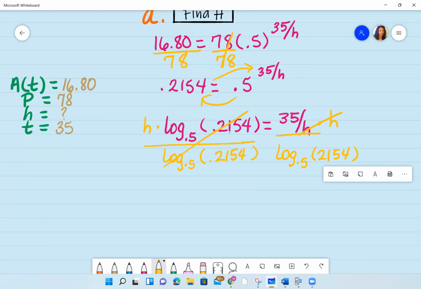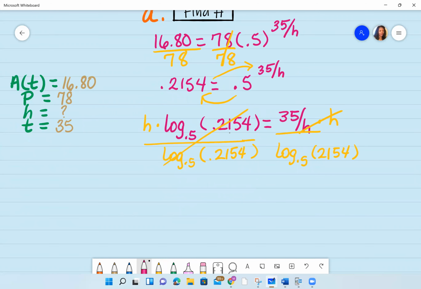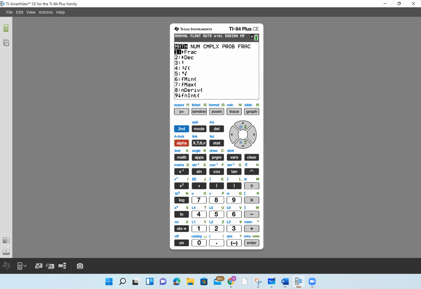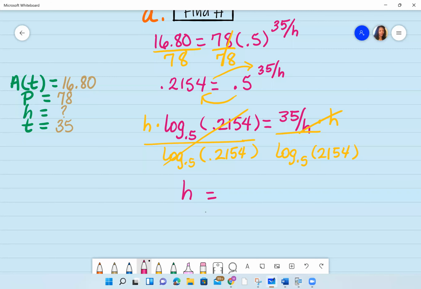It's fine. So what I'm going to end up with is h is equal to, go to my calculator. To get out of here, you go to second mode because above mode says quit. Type in 35 divided by, remember, in order to change your log base, you have to do math, alpha, math, or math and scroll down to A, 0.5 and 0.2154, I believe.